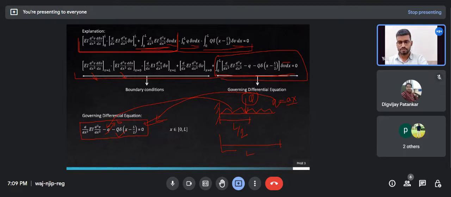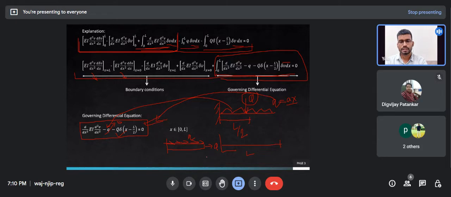So in this fashion you will get the governing differential equations of a beam, and in the same fashion you can derive the governing differential equations of a bar also, right? Where Q is the distributed traction force and P is the point load here, right? Any doubt in this part?